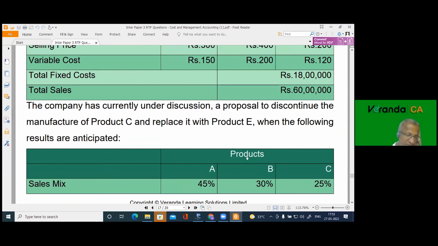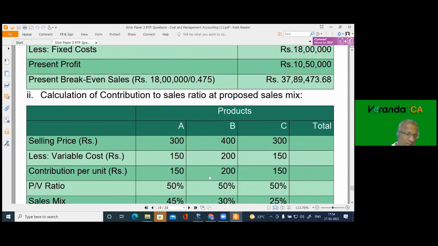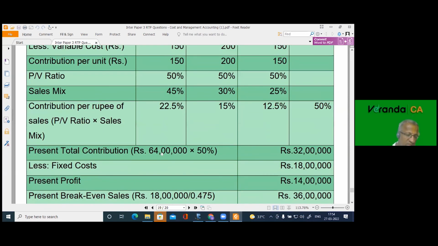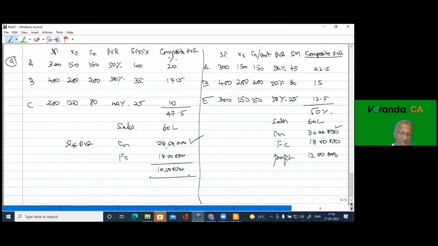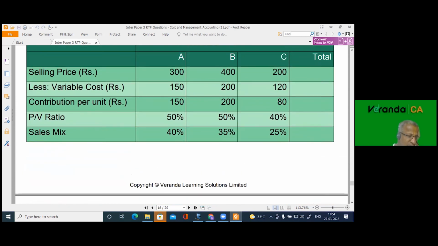You find 60 lakhs only, and here we are computing on 64 lakhs. That's not correct. Either the question is right and the answer is wrong, or if the answer is right, the question is wrong. So I would like to retain the question, but look into other requirements of the question.